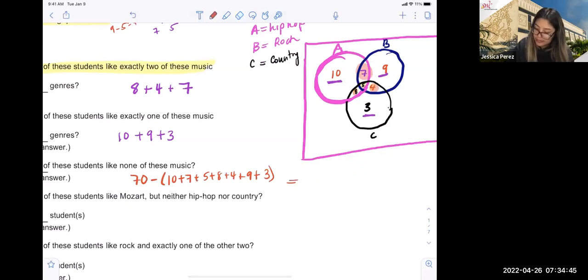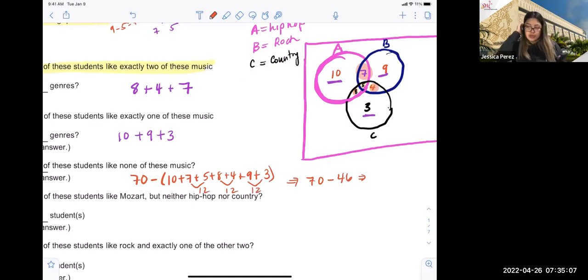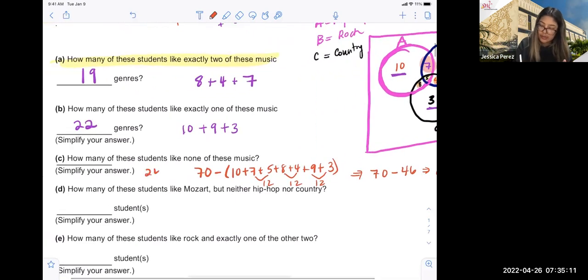We have 70 minus 12, 12, 12. That's 36, that's 46. So then we have 70 minus 46. If you choose a calculator, go ahead and do that. We get 24. So 24 of these students like none of these music.